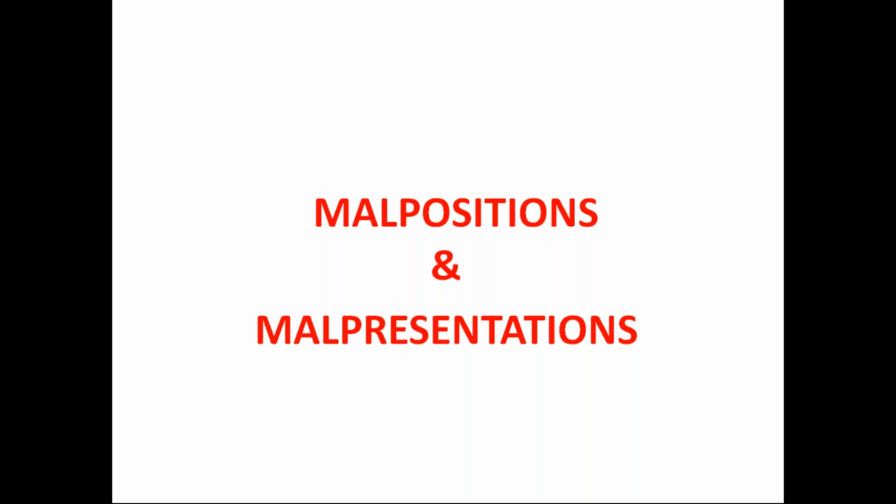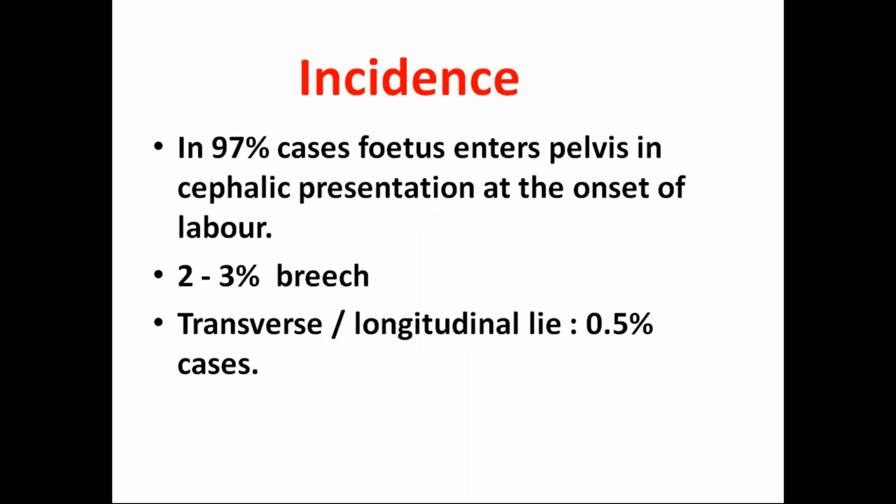99.5% of the cases will be a longitudinal lie, right? In that, around 96 to 97% will be cephalic presentations, and only 2 to 3% are breech, whereas a transverse or an oblique lie is hardly 0.5%.